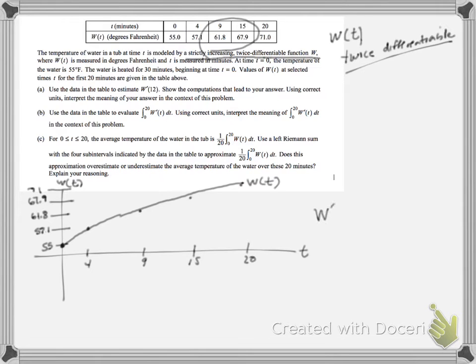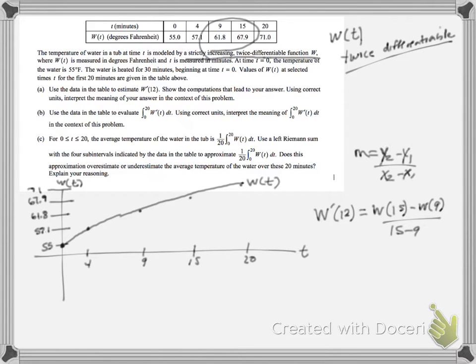So I would say W prime of 12 is equal to W of 15 minus W of 9 over 15 minus 9. That's the same thing as saying m is equal to y sub 2 minus y sub 1 over x sub 2 minus x sub 1.